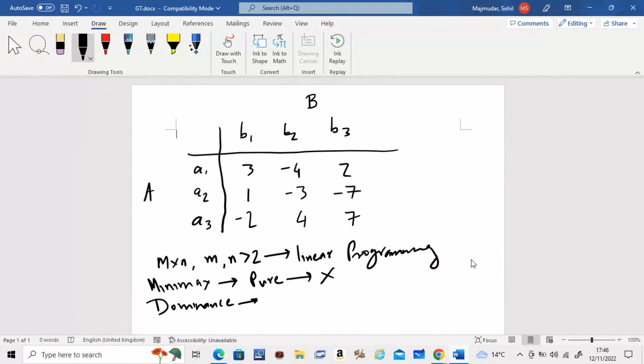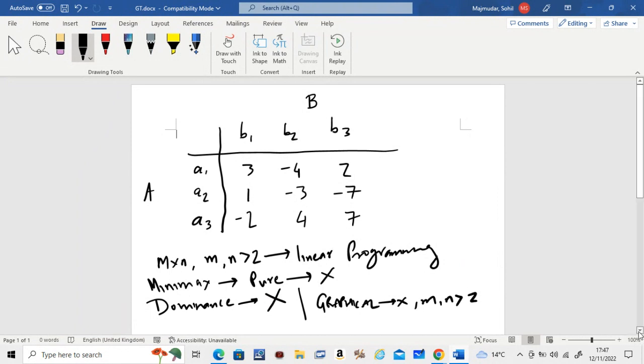But since no pure strategy, you won't be able to do that either, or reduce it either. And you also won't be able to use the graphical method because m and n are strictly bigger than 2. So if all of this fails, you will have to use the linear programming method, which we will see in this video how to solve.